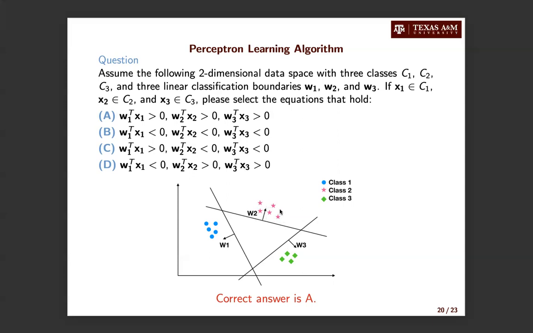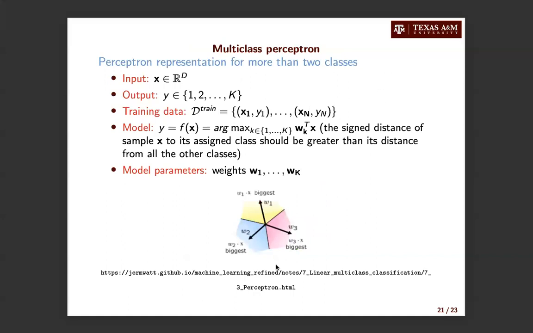Similarly, all these pink samples that belong to class C2, these samples X2, if they are multiplied by W2, this inner product is positive, and the same for samples X3. So this is actually the foundation for the multi-class linear perceptron.